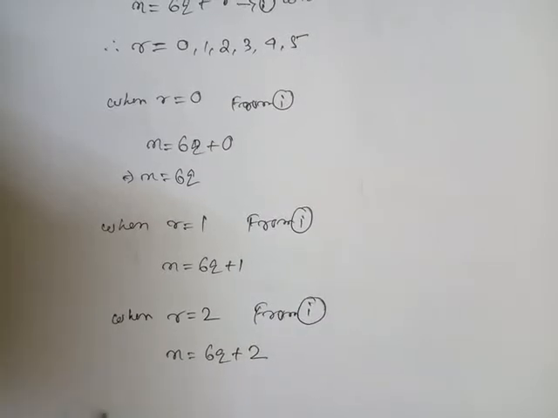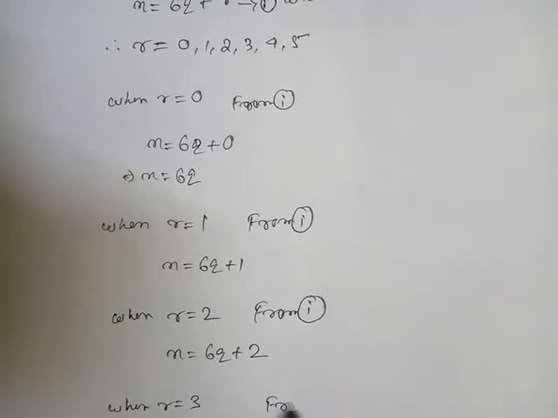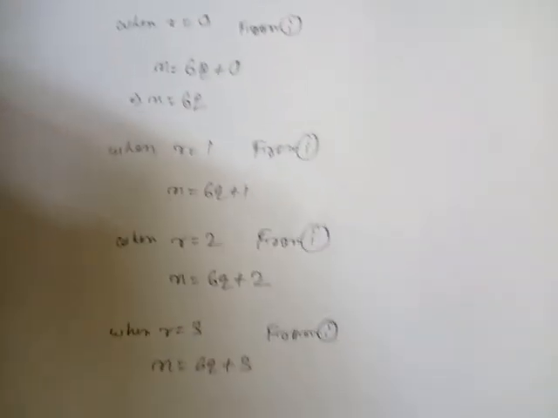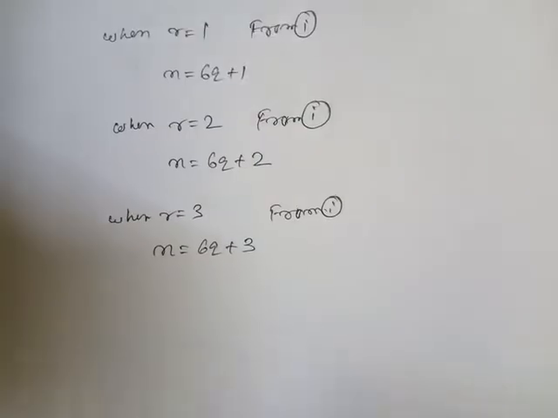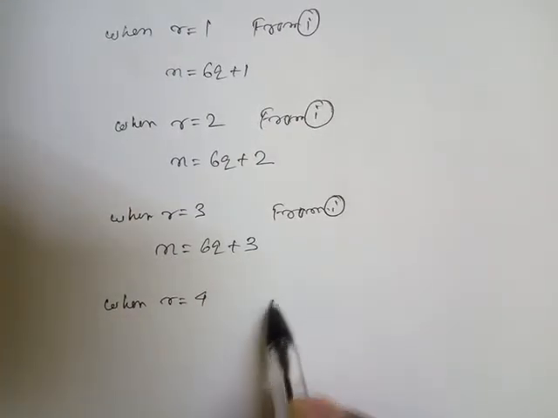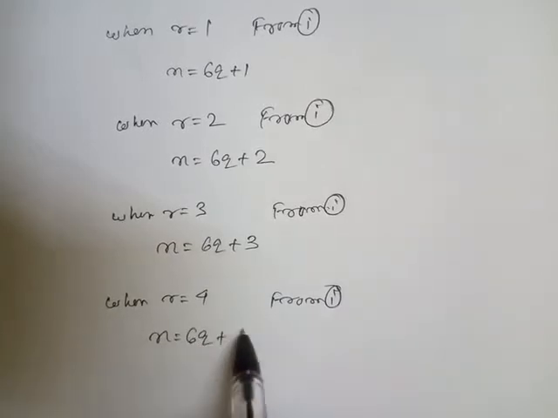Next step, when r equal to 3, from 1 we write n equal to 6q plus 3. Now next one, when r equal to 4, from 1, n equal to 6q plus 4.